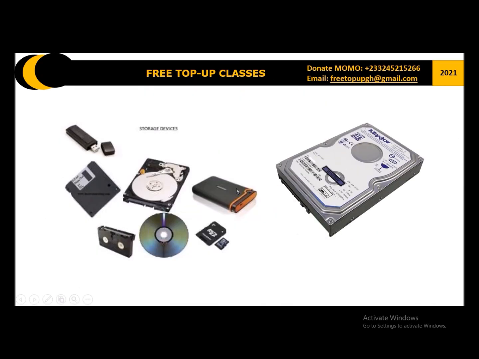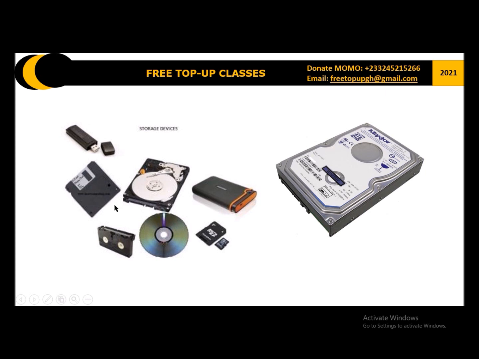You can see the pictures here, so I know you can identify them, right? We have a lot of secondary memory. This is a hard disk drive for desktop computers, and this is for laptop computers.